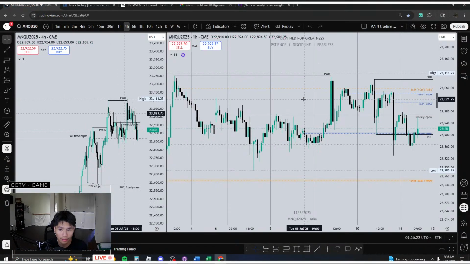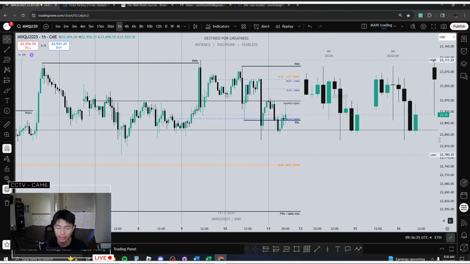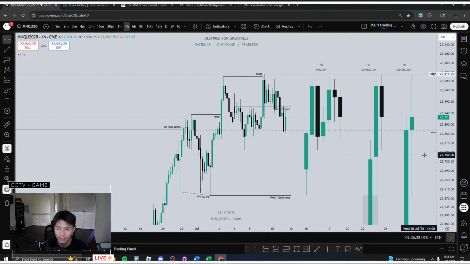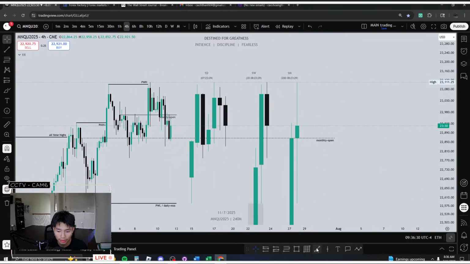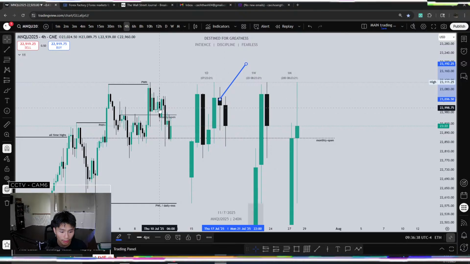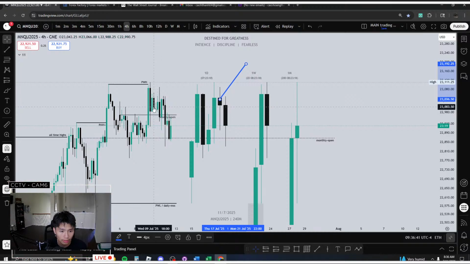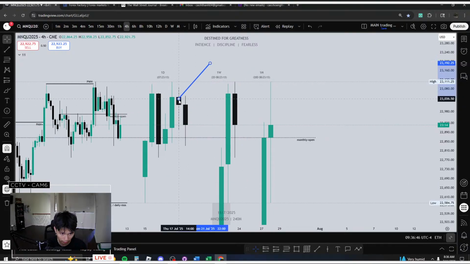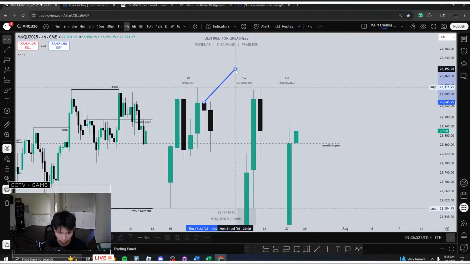So I'll get started with the technical analysis for now. Let's take a look at the daily candle that we created yesterday. This is the daily candle from Thursday on NQ. With the way that we closed on the previous daily candle, I didn't necessarily have a daily bias, right?